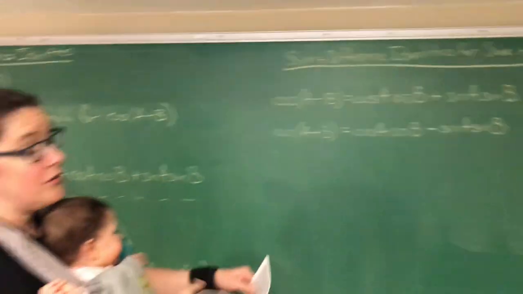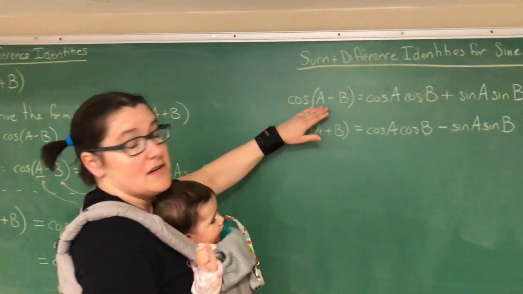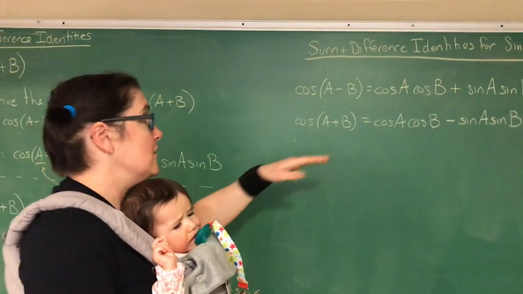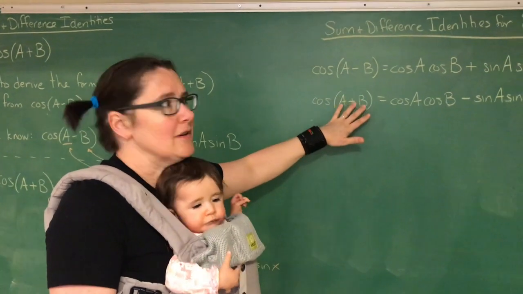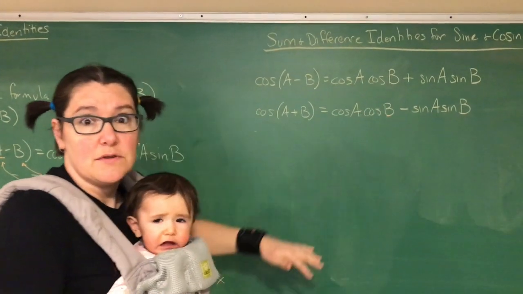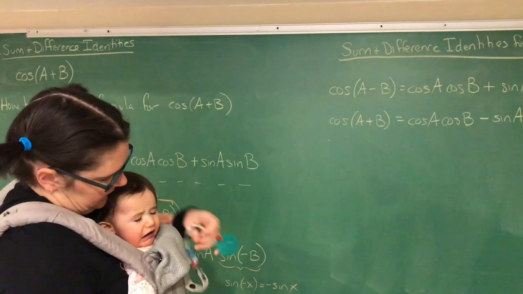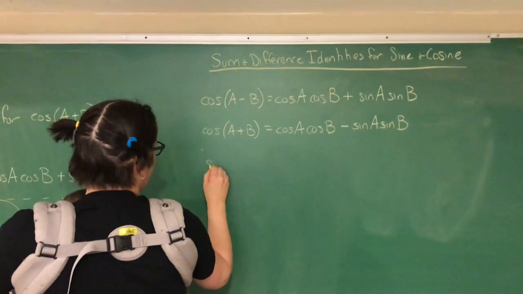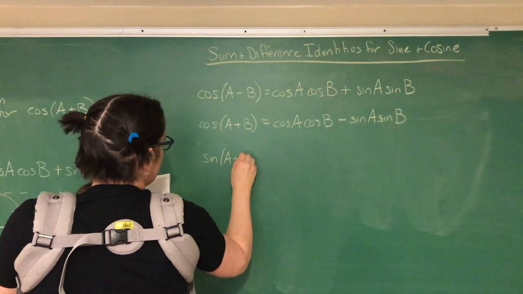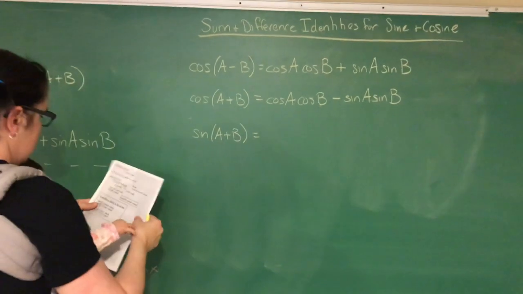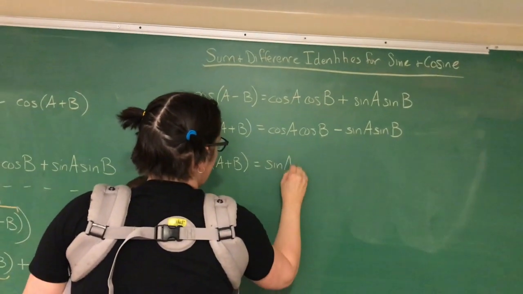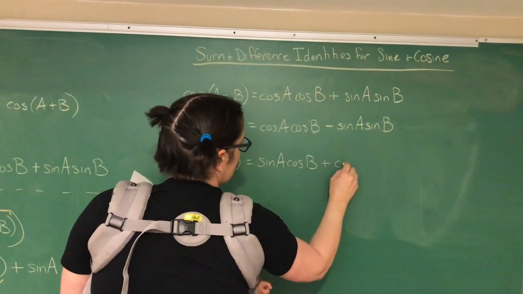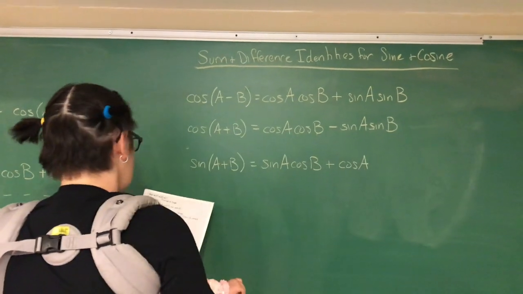And again, I do want to emphasize that it's not okay to distribute that cosine function through the parentheses. If you want to get the a and the b apart from each other, these are the expressions that you need to use. Okay, so we have similar ones for the sine function. So we have sine of a plus b is equal to sine of a times cosine of b plus cosine of a times sine of b.